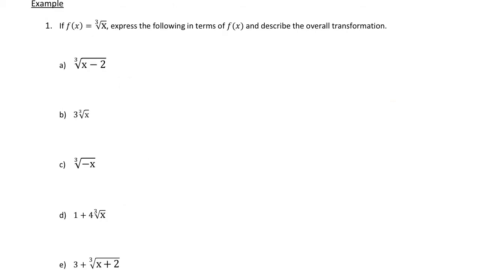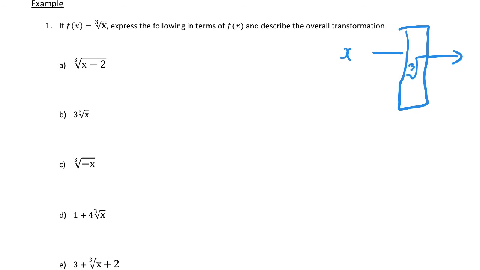So the next example, if f(x) is the cube root of x, express the following in terms of f(x) and describe the overall transformation. So what we've got is, in example A, we've got an x minus 2, and we're doing that before our function. So if we think back to function machines, we've got an x value, we're putting it into some big function machine, and then it's coming out, and this is the cube root.